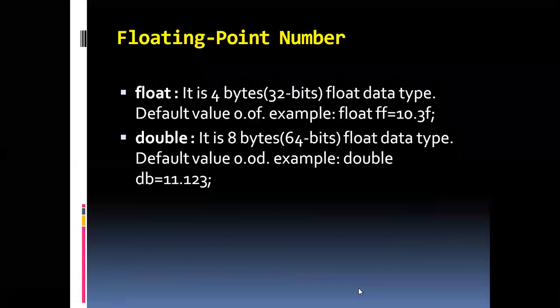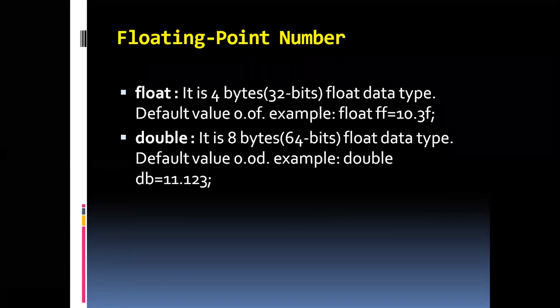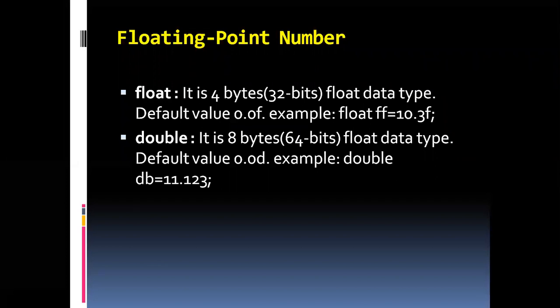And the second type of data type, the floating point. If the integers 1, 2, 3, 4, 5, 6, that is fine. But if we are going to declare any kind of floating point representation, for example, if you view your bank balance, 234.34 paisa, or some kind of values you see, that is floating point representation.